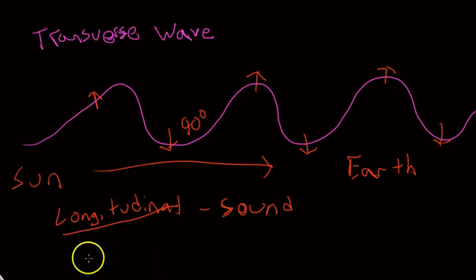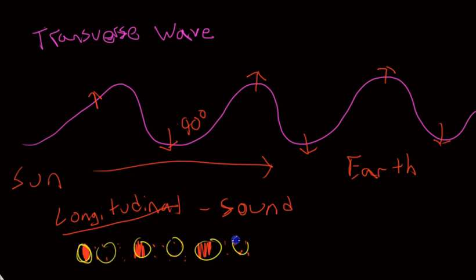So it kind of looks like this: an area of dense compression, then an area of rarefaction, then compression, then rarefaction, and compression and rarefaction. You'll learn about that in chapter 27, I think. But you can look at it like this: crest, trough, crest, trough, crest, trough.